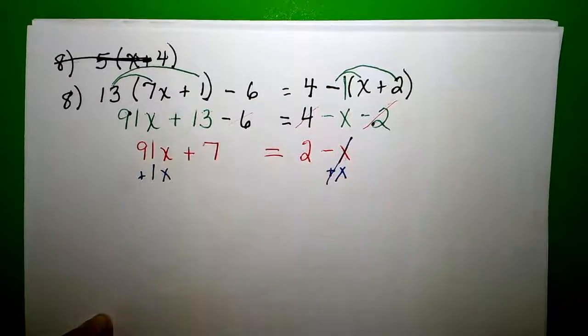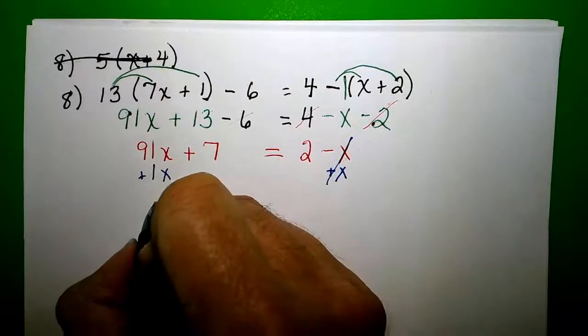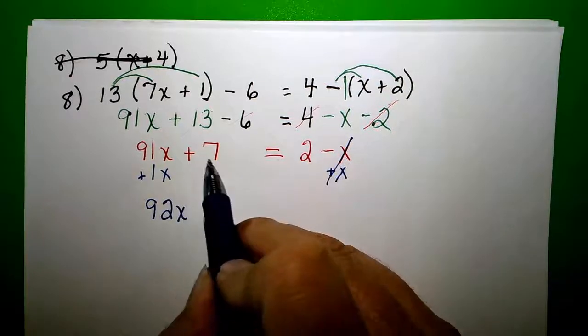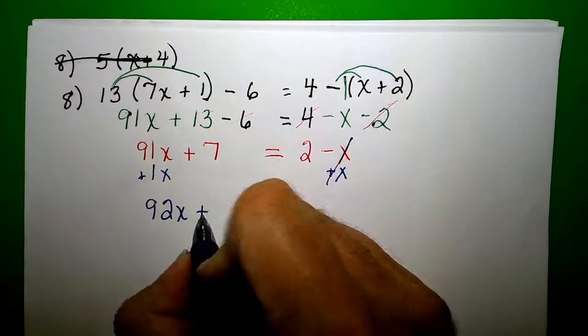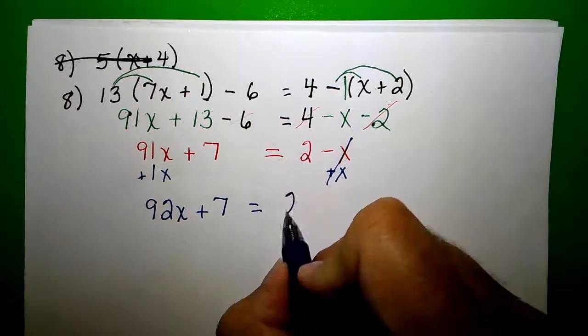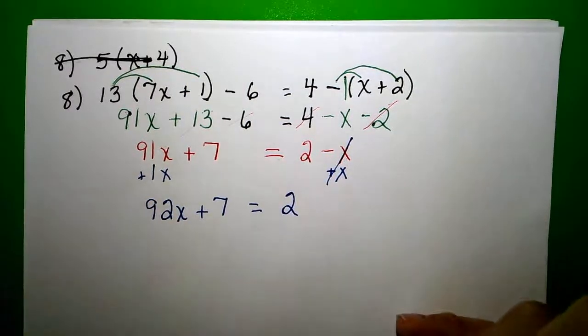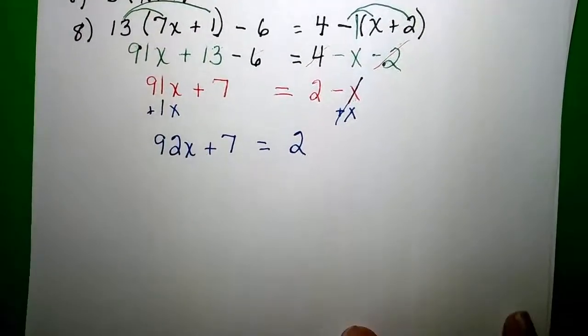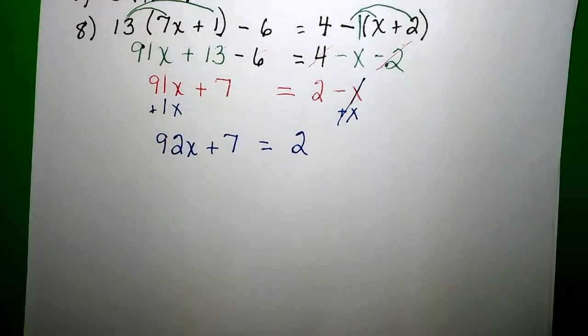That's a 1 there. So we have a 92x, and then we still have the plus 7 equals 2. I think we're going to have an answer here that's a fraction, aren't we?